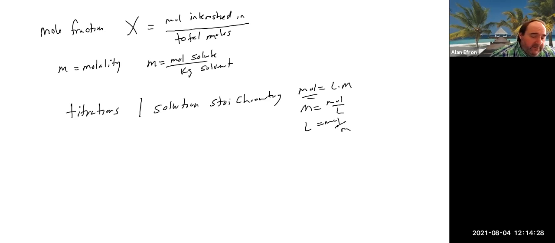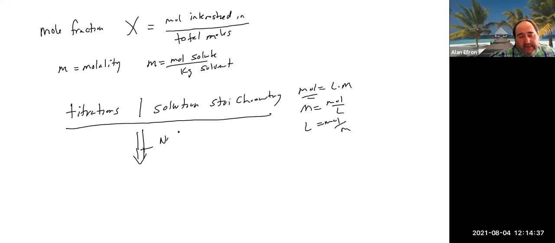Remember, a titration is where we use something like a burette, and we add, say, sodium hydroxide, a known solution, to an unknown solution, like an acid.